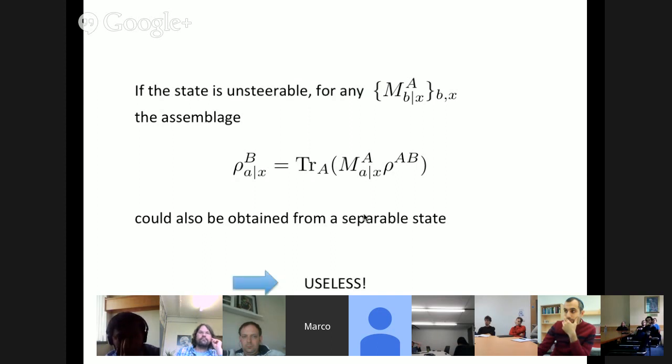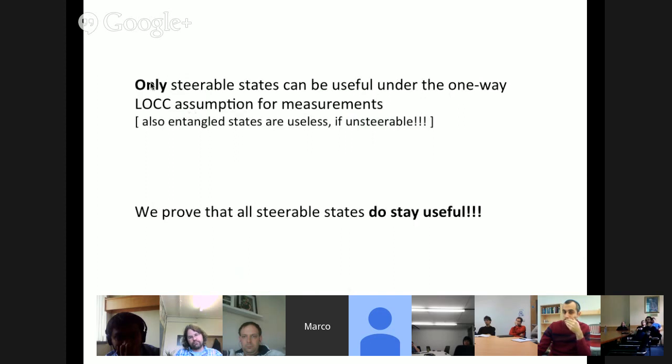And as I mentioned, when we deal with initial input separable states, in this case it's effective because of the measurement on Alice. Anyway, the fact is that it's going to be useless for the sake of improving subchannel discrimination. So we arrive at the fact that only steerable states can be useful under the restriction that measurements are done by one-way LOCC.